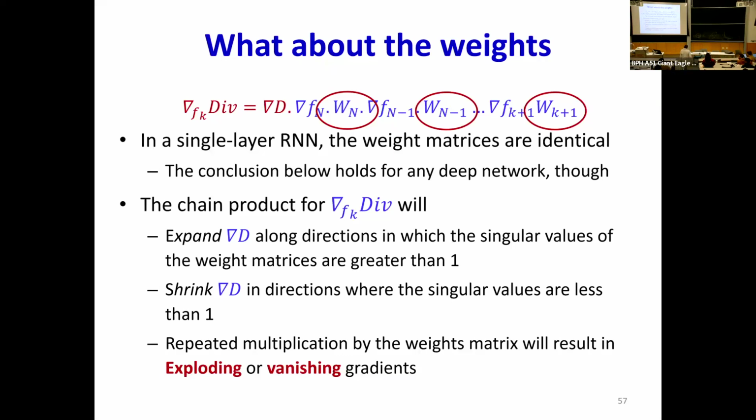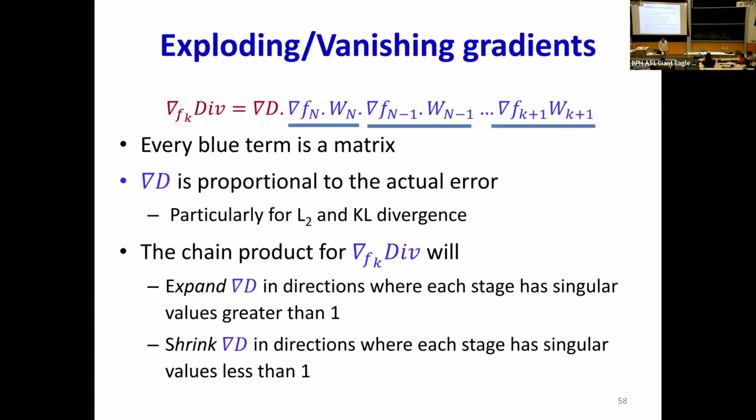And so if I look at this collection over here, when I see how the derivative propagates backward through the network, the derivative within each layer is going to be transformed by the product of the Jacobian and the weight matrix.